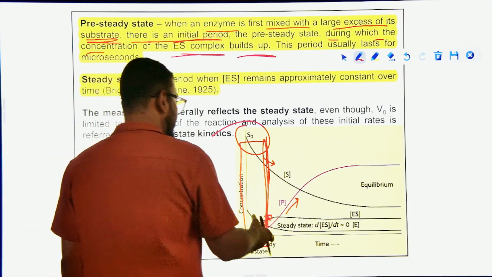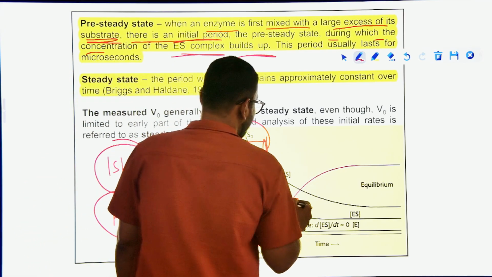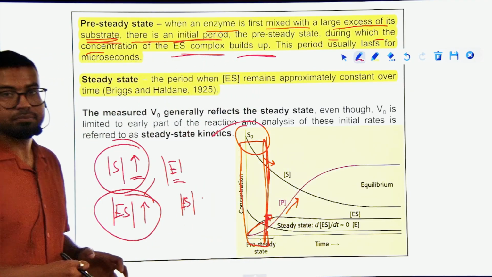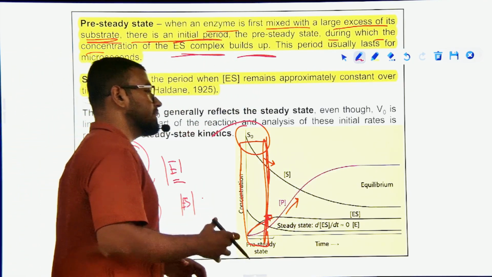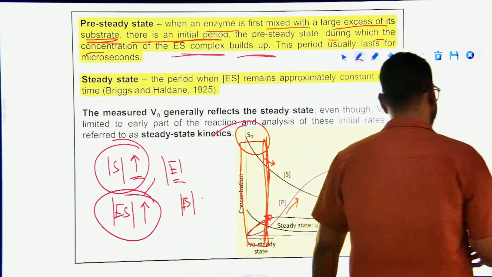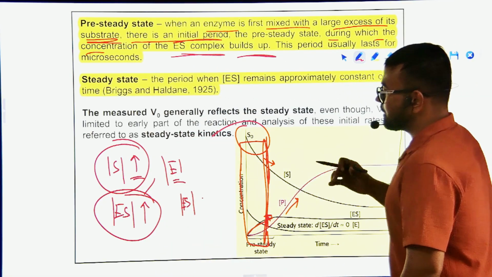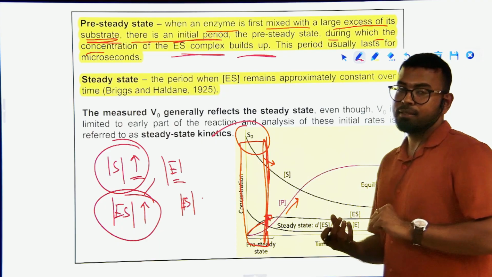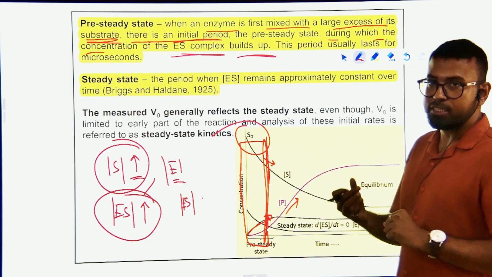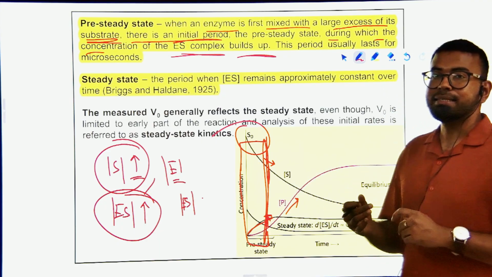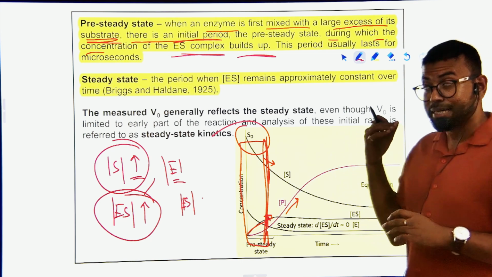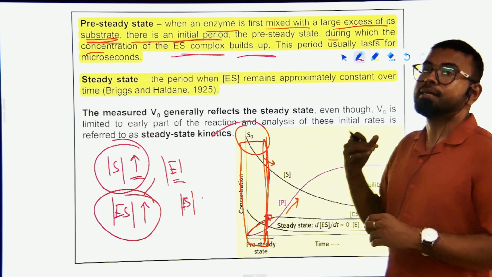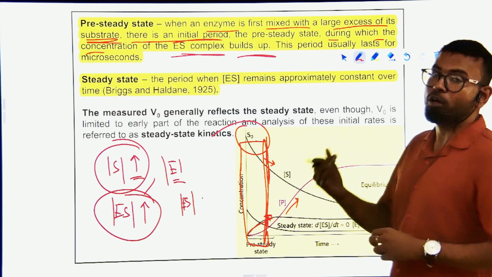Later on, the ES concentration will be at equilibrium. That means substrate concentration is now gradually getting decreased and ES concentration is formed. That ES is converting the substrate into product.